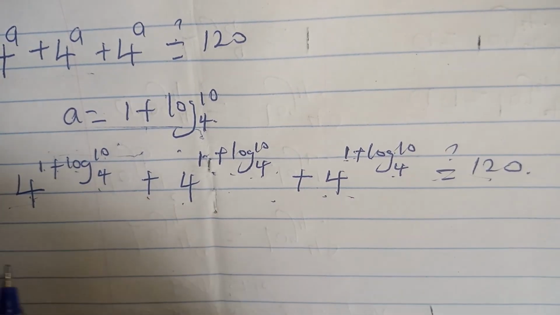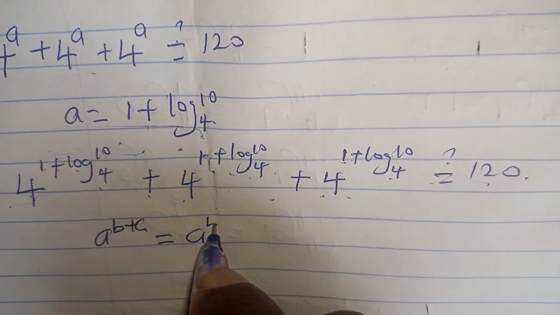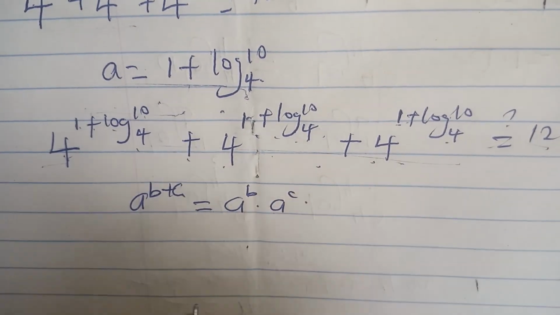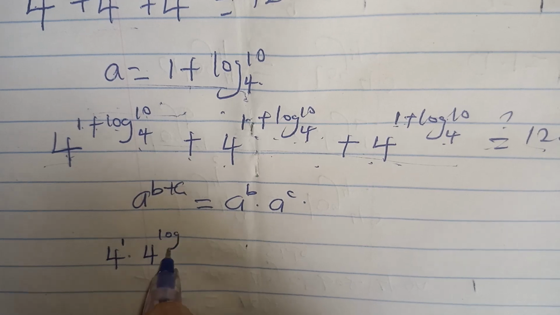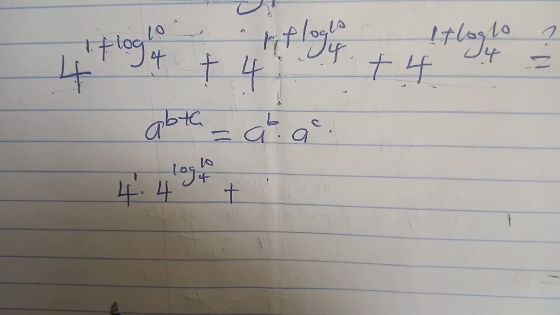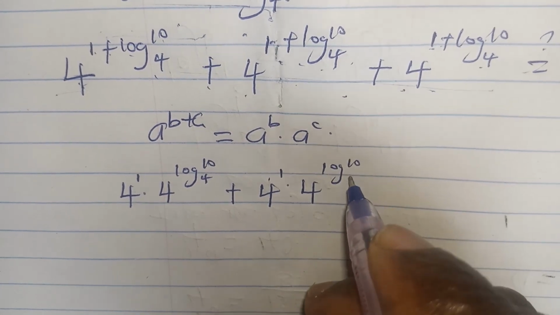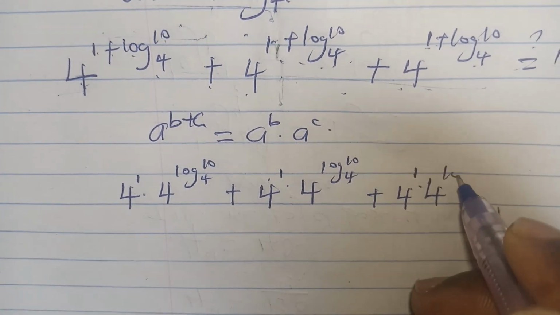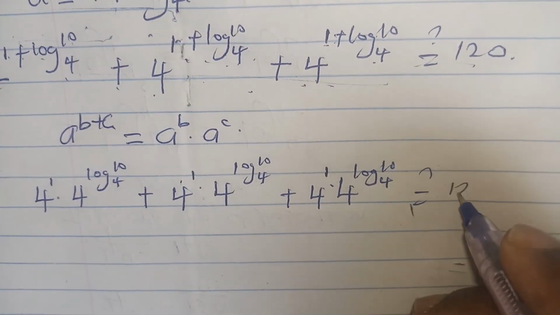Okay, so from here we are going to apply a rule which says a to the power of b plus c is also equal to a to the power of b times a to the power of c. If we put this principle in all this, we can have 4 to the power of 1 times 4 to the power of log 10 to base 4, plus 4 to the power of 1 times 4 to the power of log 10 to base 4, plus 4 to the power of 1 times 4 to the power of log 10 to base 4 equals unknown 120.